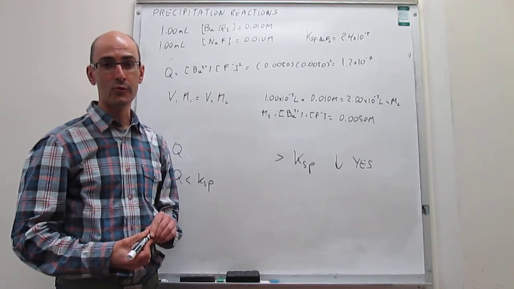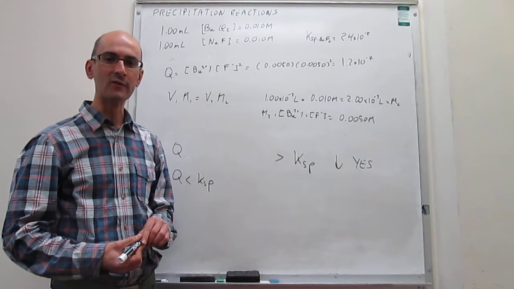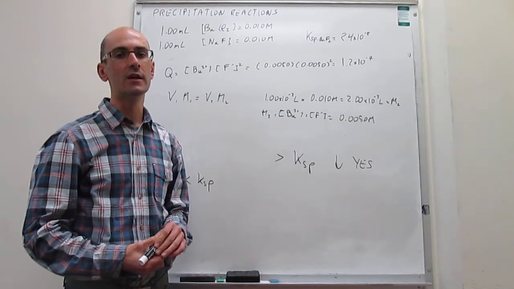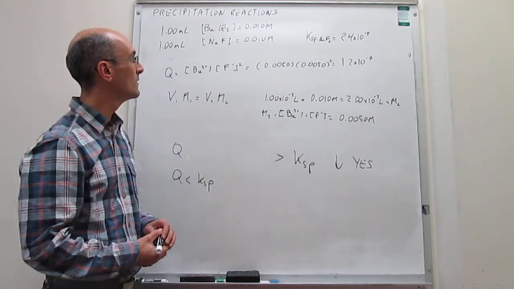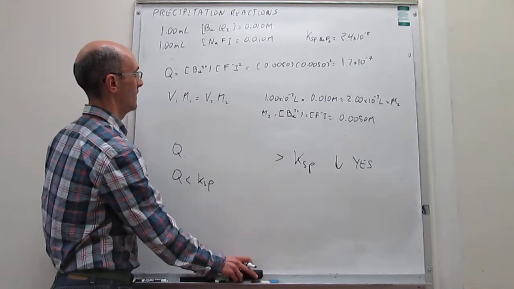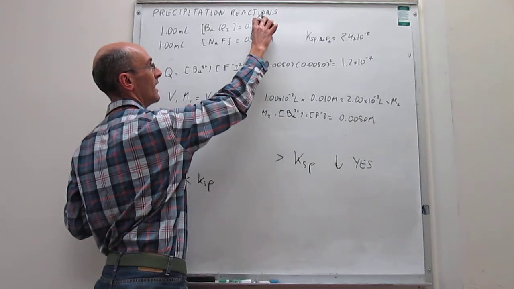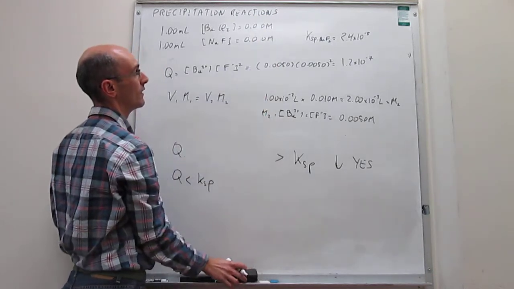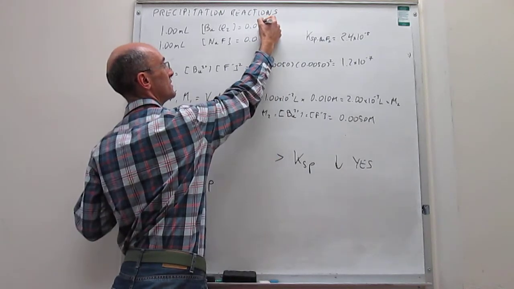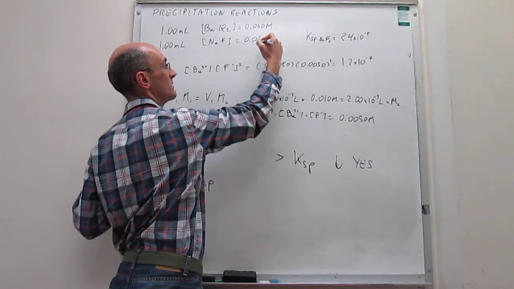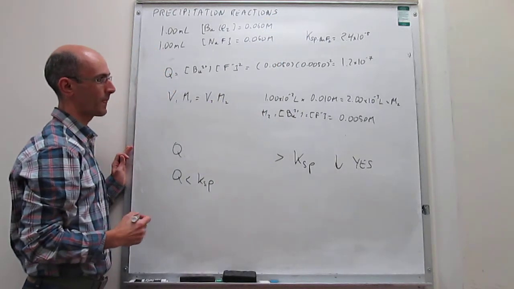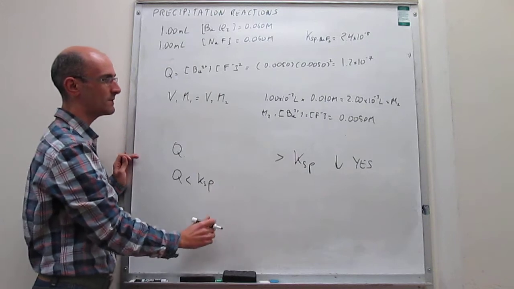Let's then try to do a final example in which the concentrations are sufficiently large that the precipitate will form. So the problem is going to be exactly the same, but instead of the concentrations being 0.010 molar, we're going to have 0.060 molar for each. So we will repeat the problem much as before.